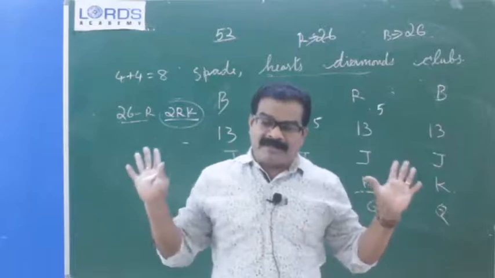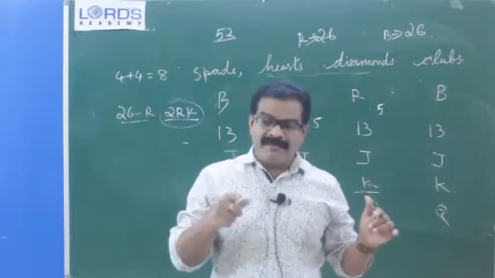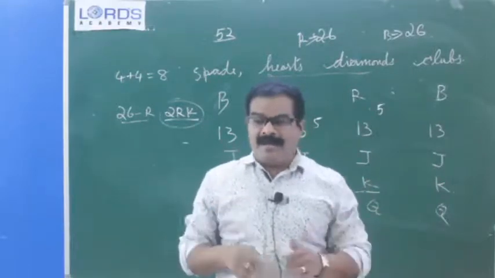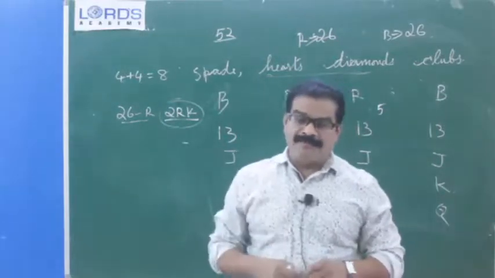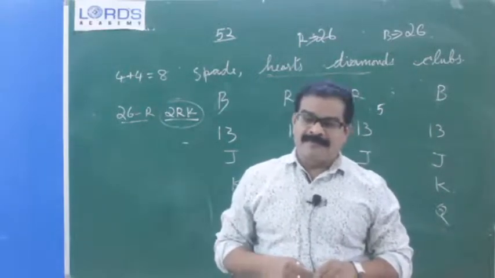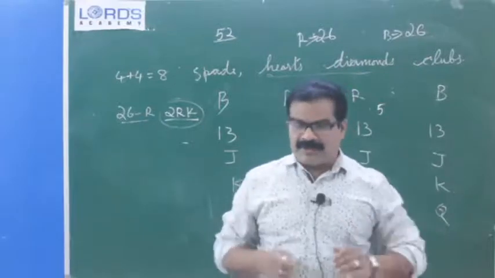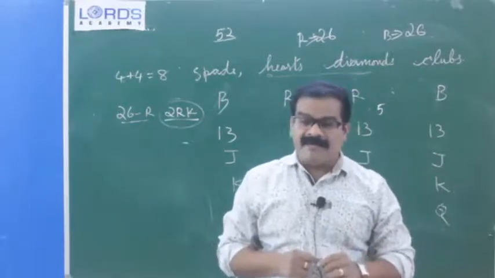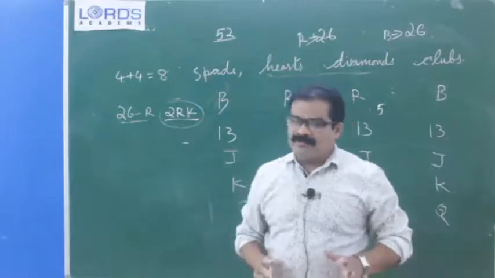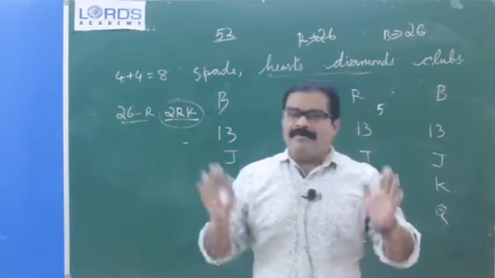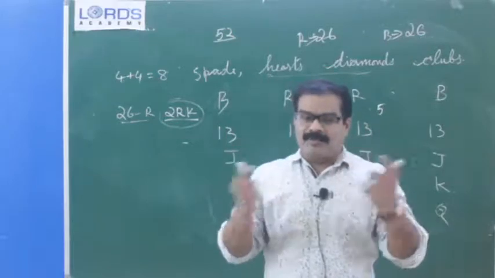How many red cards are there? Hannah, please tell me, how many red cards are there in these 2 groups? 26. Red cards 26. How many red kings are there? 2 kings. Okay. Then what will be the intersection between these 2?